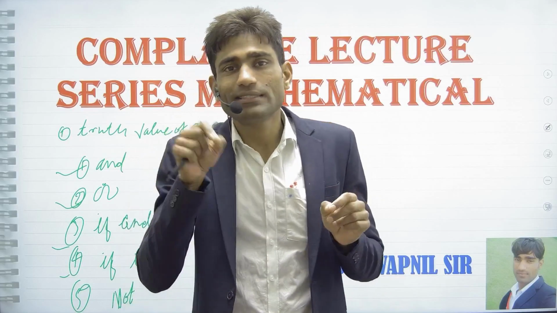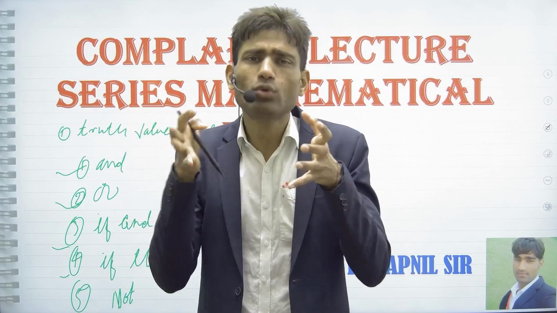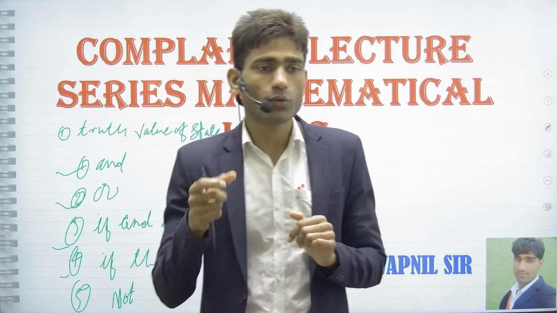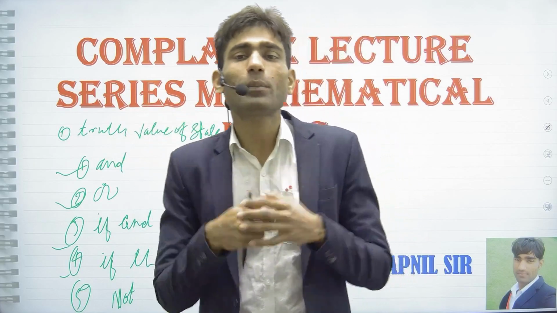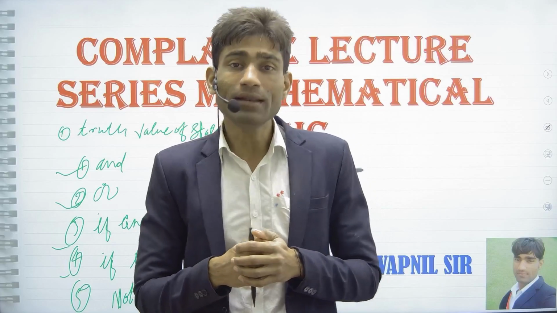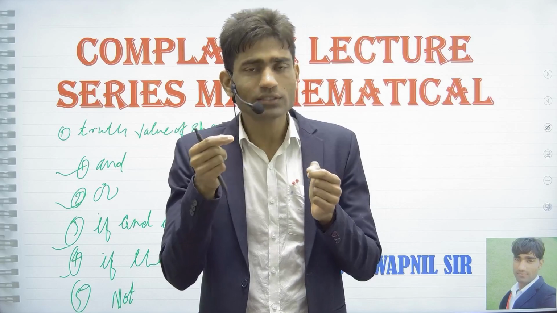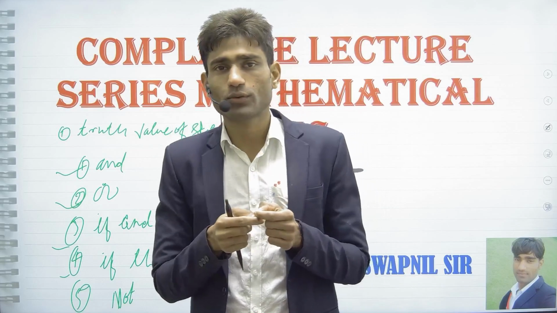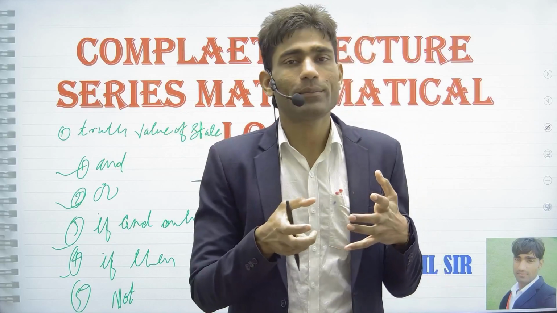But what happens if we take two statements together, like P and Q? How can we define the truth values for two statements together? First statement is true or false, second statement is true or false, so we have to take the possible combinations for these two statements together.